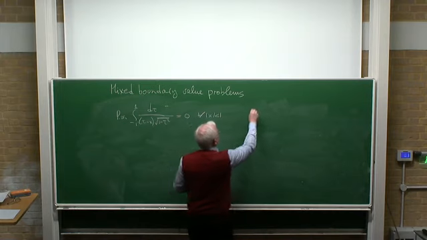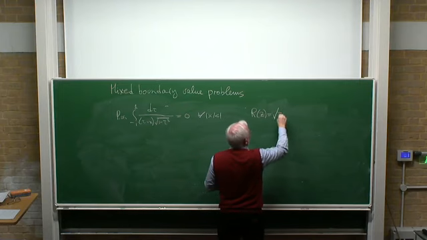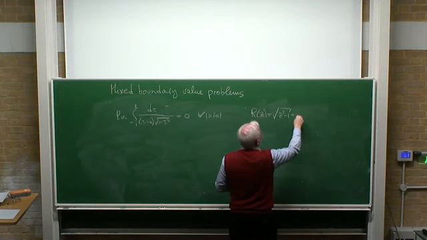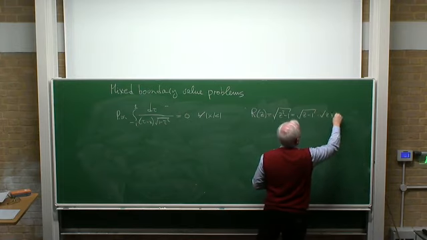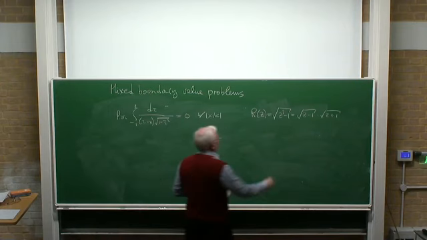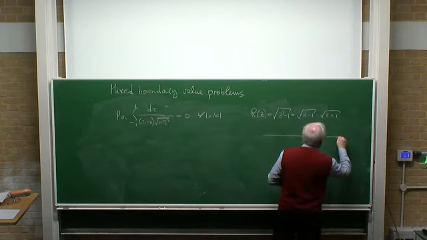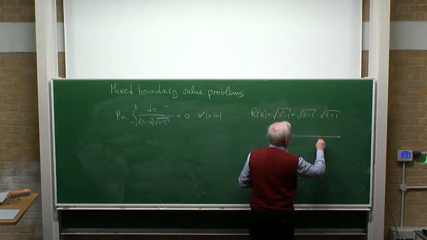We introduce this function, the square root of z squared minus 1. Actually, it's a product of two functions. Let me explain what that is. So that is the point minus 1, and that is 1.